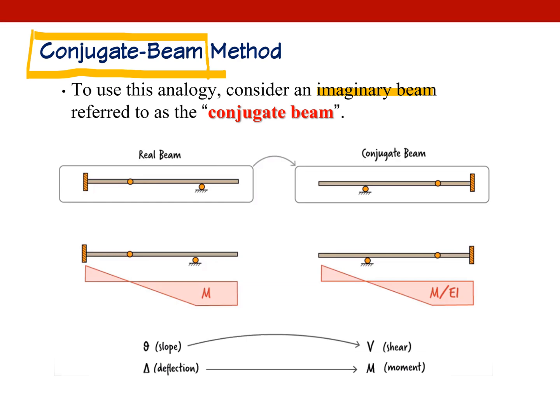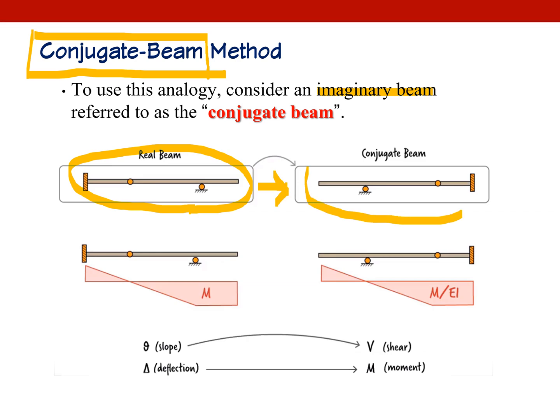For example, we have this real beam and its conjugate beam is this. It looks pretty strange, right? But there is some regularity, and we are going to find the rule and learn.